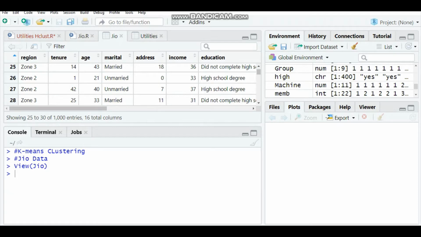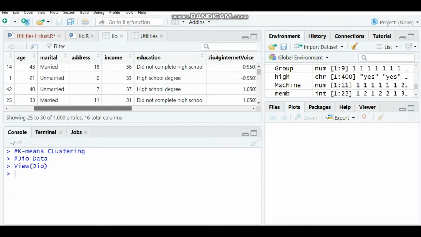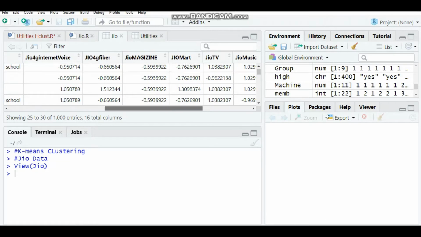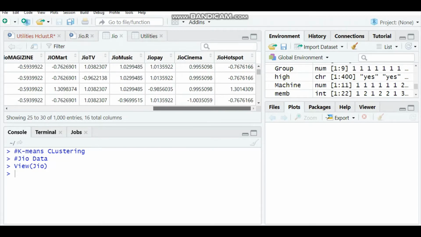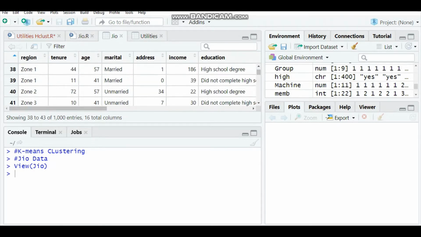This is nothing but a Geo telephone service company, and it has different services like 4G internet, 4G fiber, Geo magazine, GeoMart, Geo TV services, music, GeoPay, up to hotspot. It has given zone-wise details in this data set.